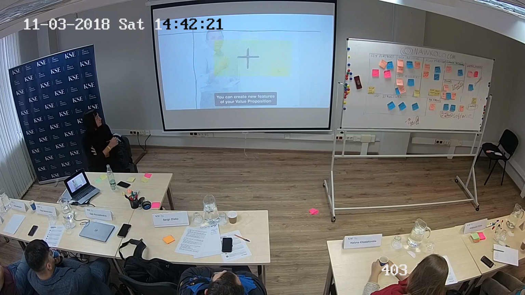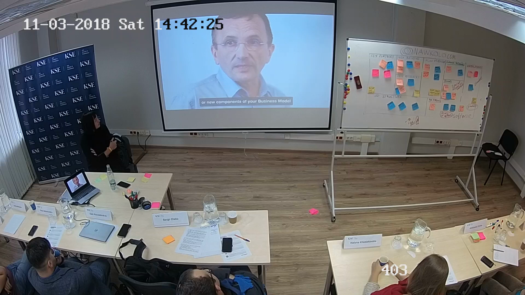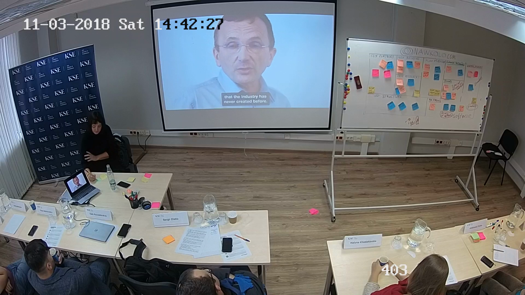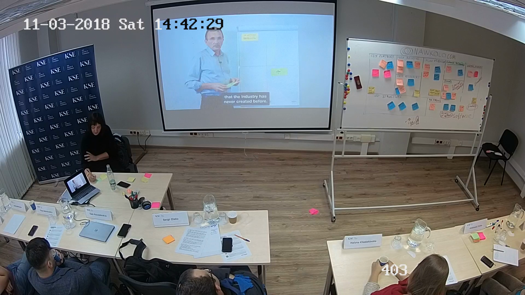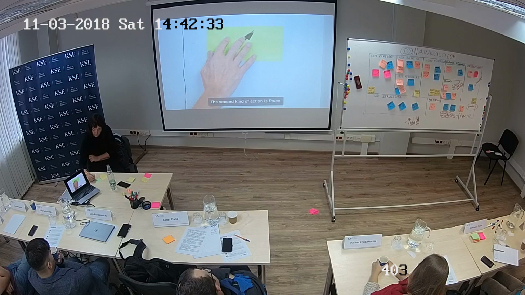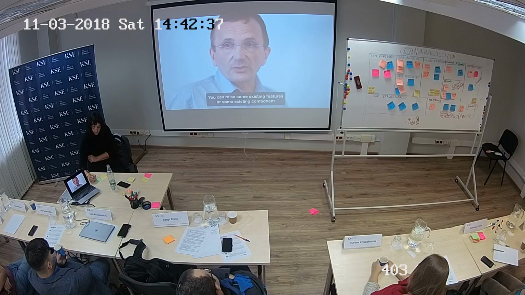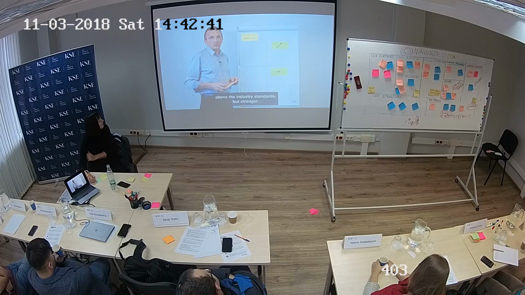You can create new features of your value proposition or new components of your business model that the industry has never created before. The second kind of action is raise. You can raise some existing features or some existing components above the industry standards.